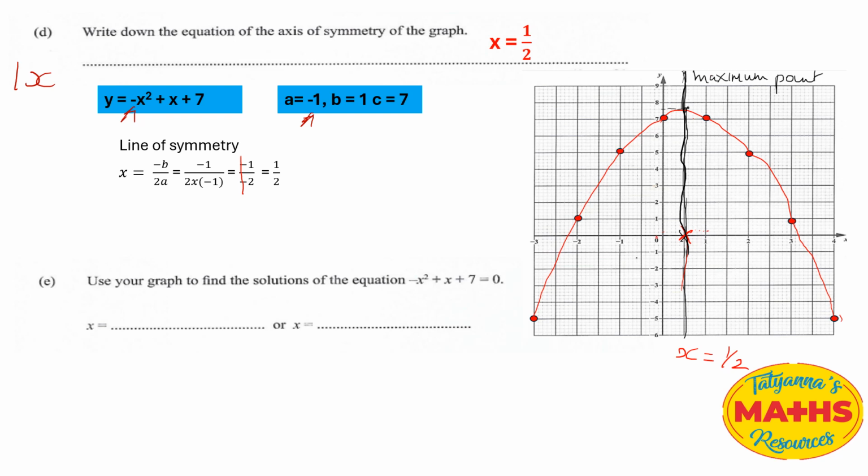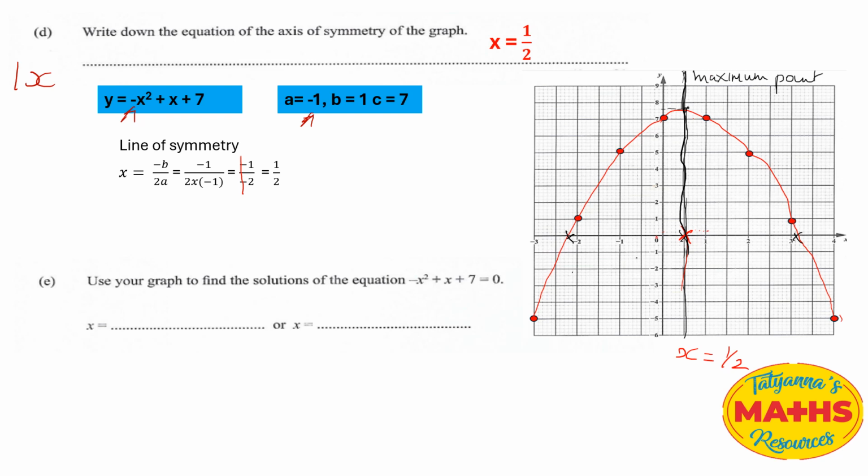Part E, use your graph to find the solution of the equation negative x squared plus x plus 7 equals 0. So they want to know where this graph cuts the x-axis, and that is right here, this value here, and right here.